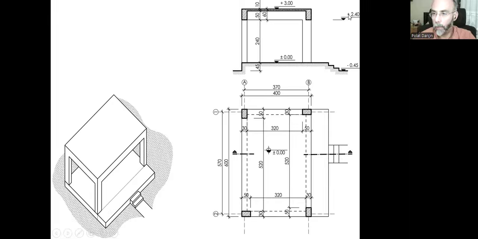And it will be plus 2.40 above the 0.00 level. And this here, the level of the road or the earth, will be minus 0.45. It's 45 centimeters lower than the zero level. And do the same on this other side. As you can see, they are symmetrical because it's like an arrow towards the lower side of the beam.